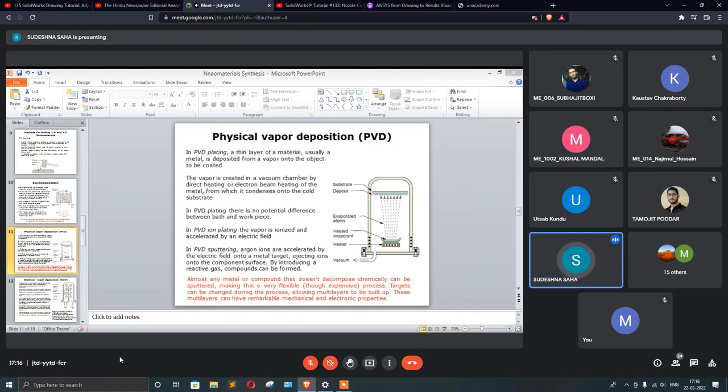By introducing a reactive gas, you can create a compound. A simple example: if you sputter titanium in an atmosphere of nitrogen, it gives you a coating of titanium nitride, TiN. That way you can use physical vapor deposition, although there is no direct chemical reaction taking place in this particular case.